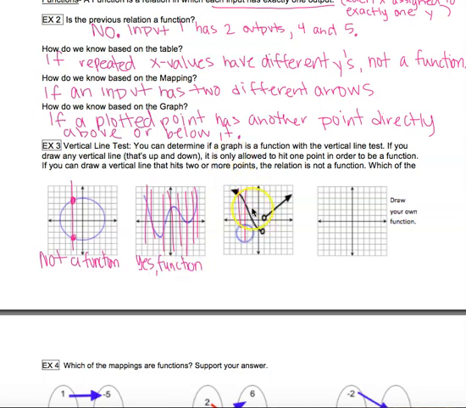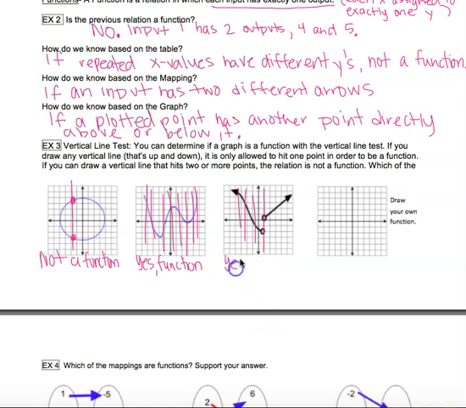Vertical line, these are all good. So this one's tricky because right here, it almost looks like it fails. But the trick is that these are open circles. Those aren't actually ordered pairs, right? Because we learned when we did inequalities that open circles meant we weren't including that.